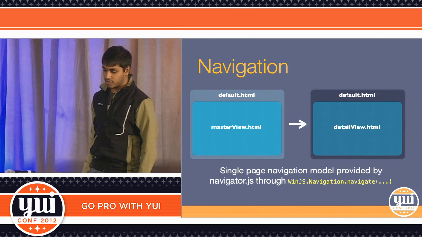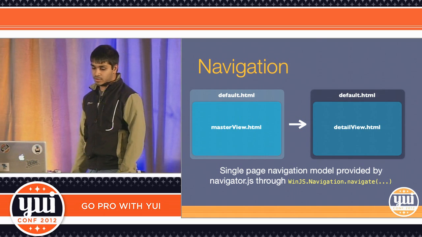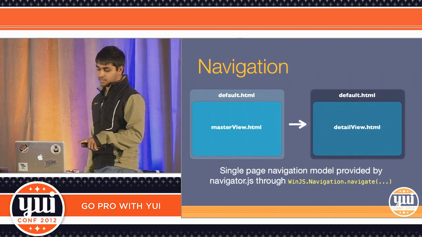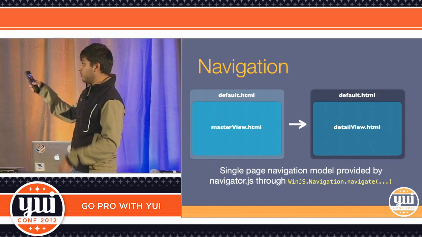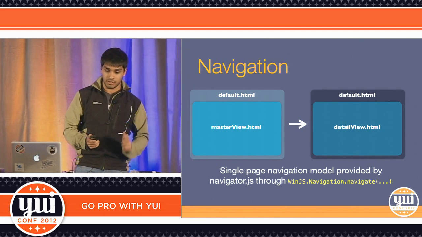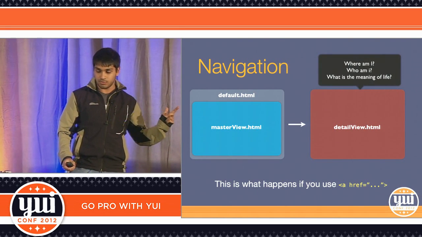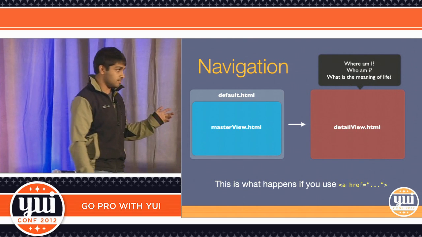So in this case, we could say WinJS.navigation.navigate, detailview.html, and that'll navigate from master view to detail view, while making sure that both of those are inside this default.html shell. On this slide, this is what happens if we use hrefs.